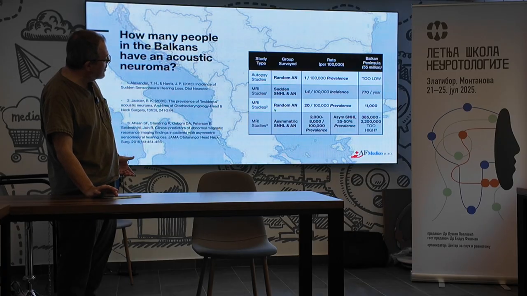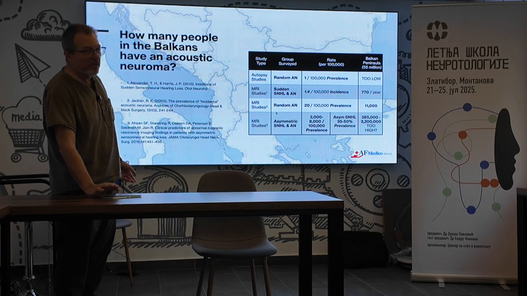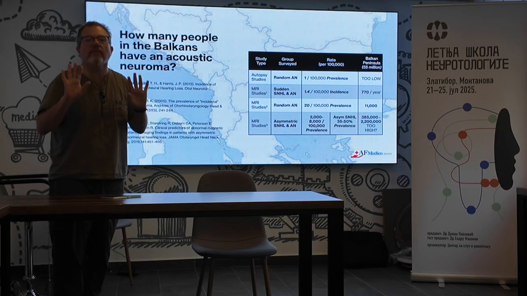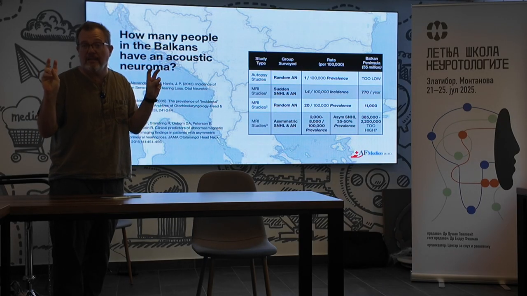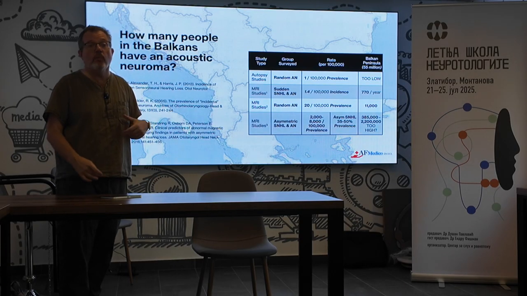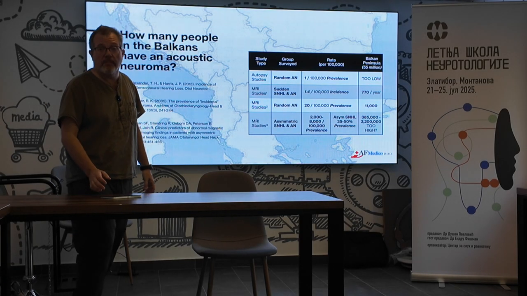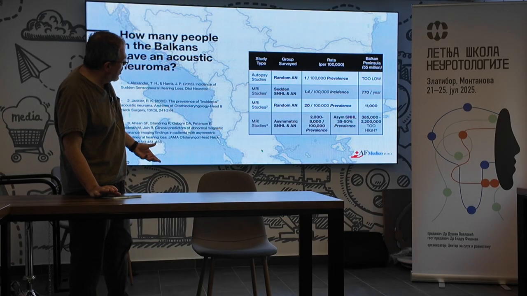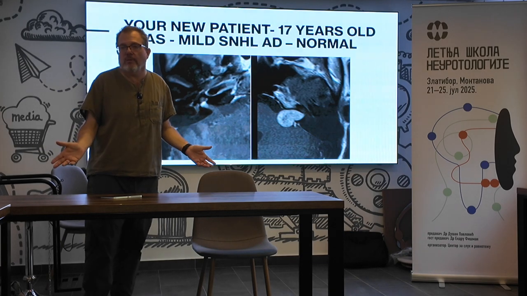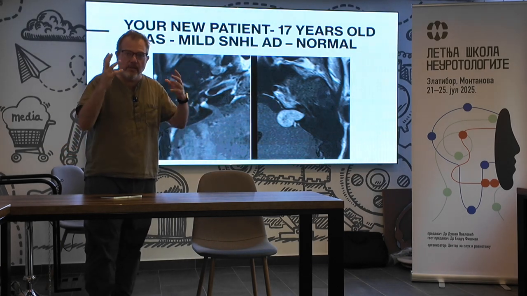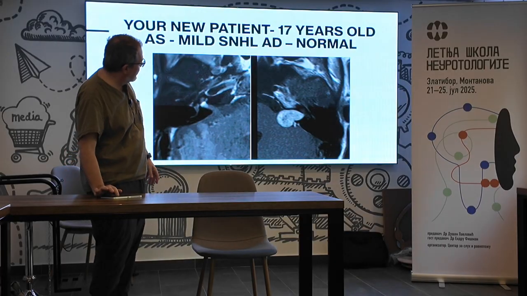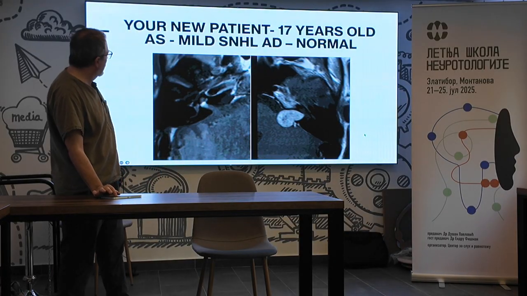And this was random acoustic neuromas looked at on MRIs done for all reasons, not for the ear, just incidentally located. So it's probably 20 times higher than what has been commonly thought. We see many acoustic neuromas, and it's considered to be the most common intracranial tumor. So it is a very, very high incidence of acoustic neuroma.